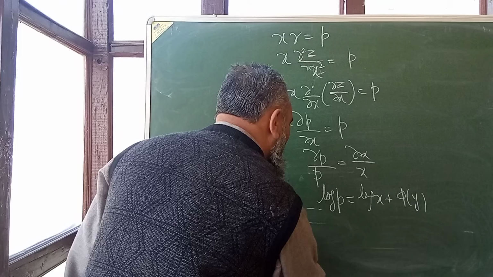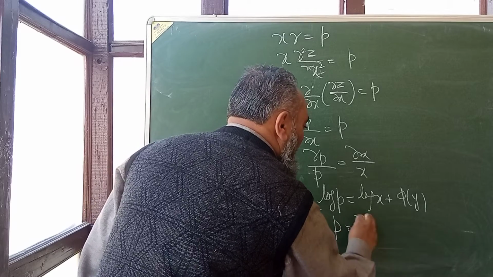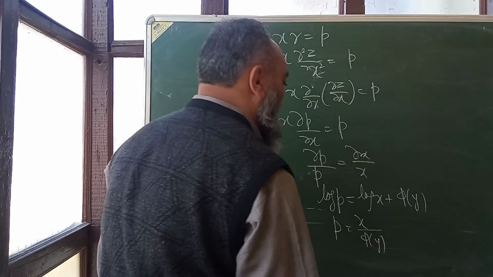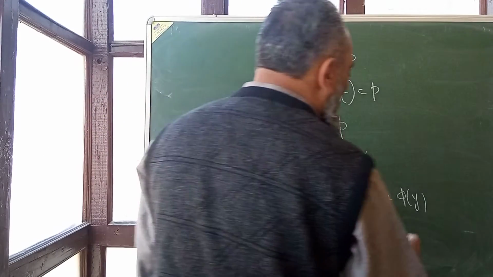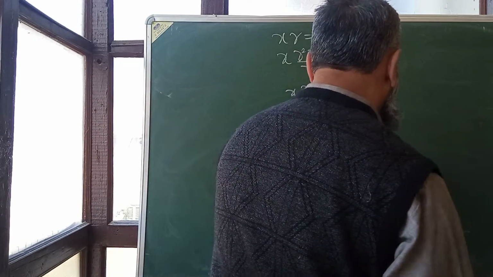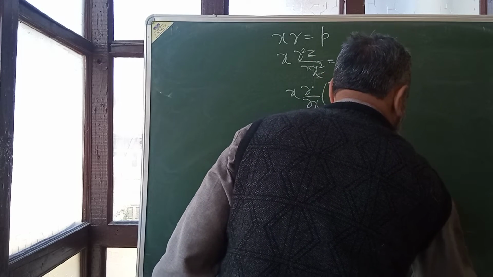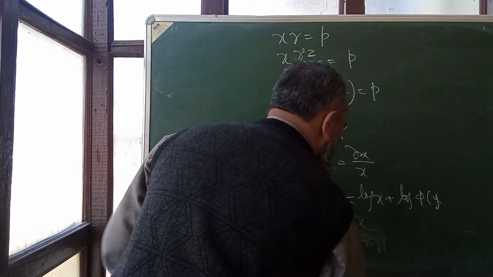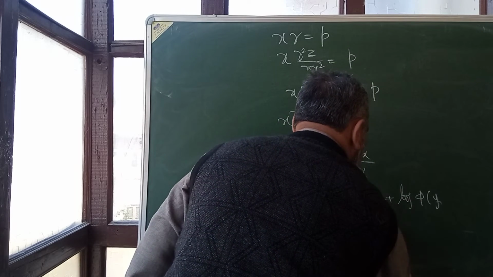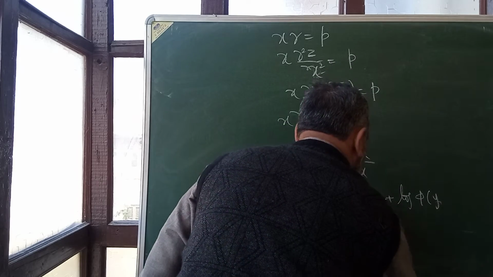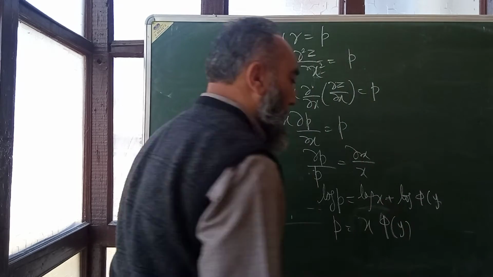So what is p? It is x times a function of y. You can have log of a function of y also. Let me write it as log of a function of y. So you have log p equal to log x plus log of a function of y, which gives p equal to x times a function of y.